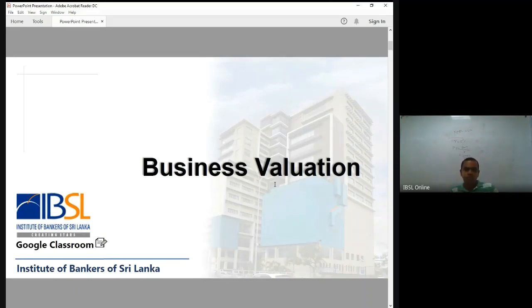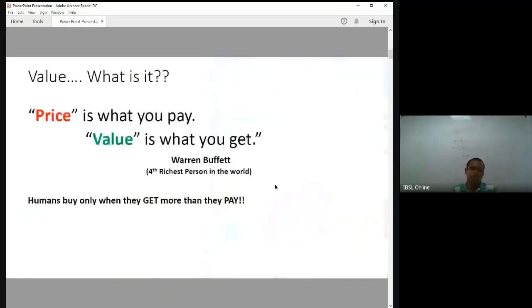So you need to be mindful of the value of the business. That's why business valuation is very important. Now, according to Warren Buffett, price is what you pay, value is what you get. Humans buy only when they get more than what they pay.